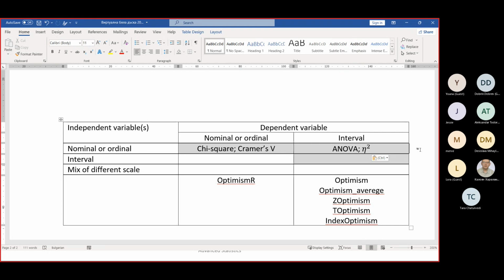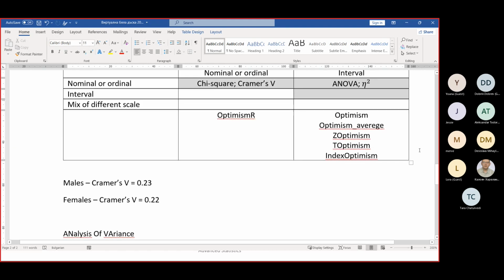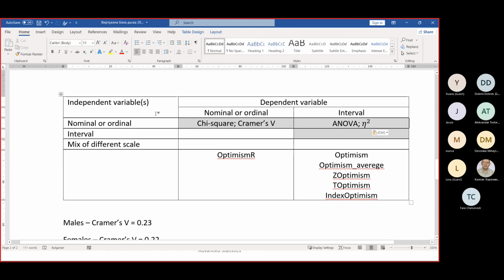By the way, I forgot that in our previous case, when we analyze a relation between nominal or ordinal variables, if we square Cramer's V, we will also have coefficient of determination.